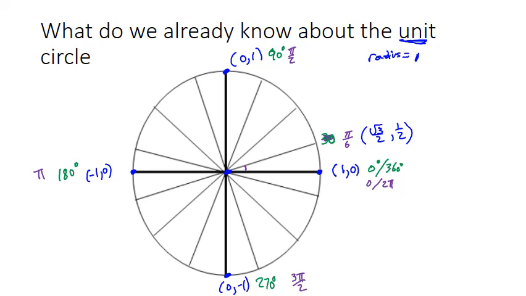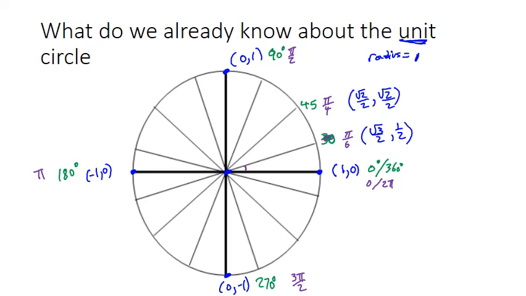So the next angle up was 45 degrees. 45 degrees was pi over 4, or basically 180 divided by 4. And the ordered pair that we had for that one was radical 2 over 2 and radical 2 over 2.